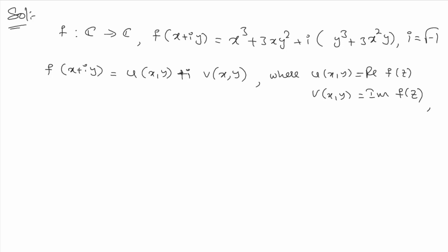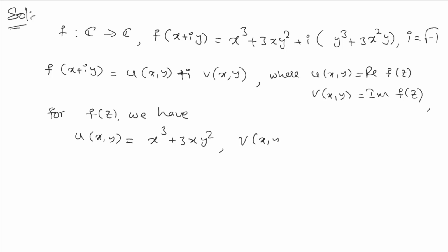So for the given function, u of x comma y is x cube plus 3xy square, and v of x comma y is y cube plus 3x square y.